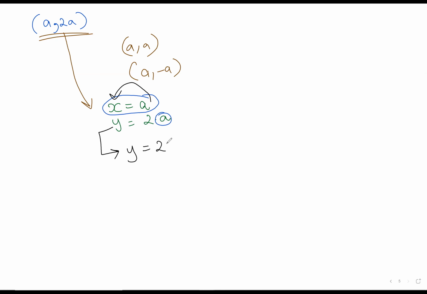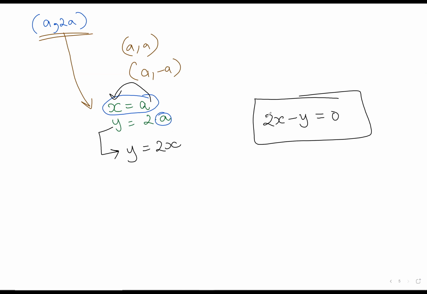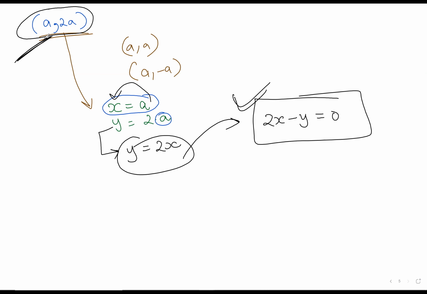X. So can I rewrite it like this? 2x minus y is equal to 0. I just took y to the other side. Is it okay? Yes, ma'am. Okay, so this will be the equation for the line on which every point looks like this.